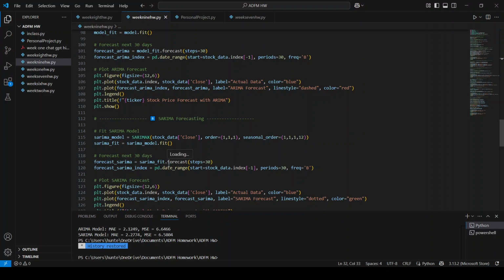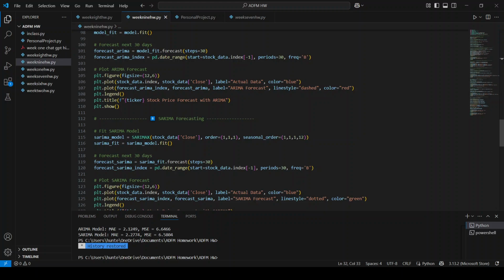The purpose of this line is that it will generate a 30-day forecast considering the seasonal patterns. 30 forecasts, considering our seasonal patterns from above.